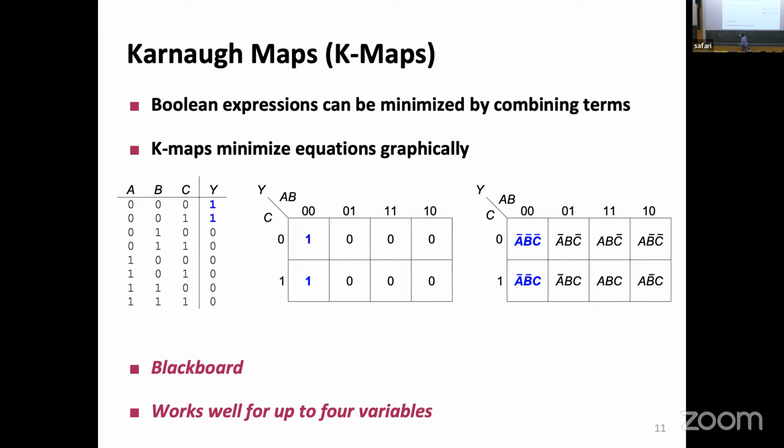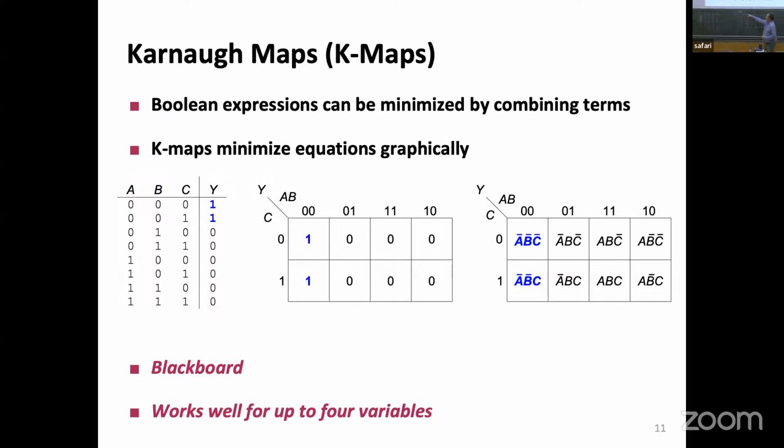I assign the variables. I can assign them any way I want. I'll just keep the same thing. I have A and B to the top, and I have C on this part. So C can be either 0 or 1. This is the part where C is 0. They will end up here. And this is the part where C is 1. They will end up here.